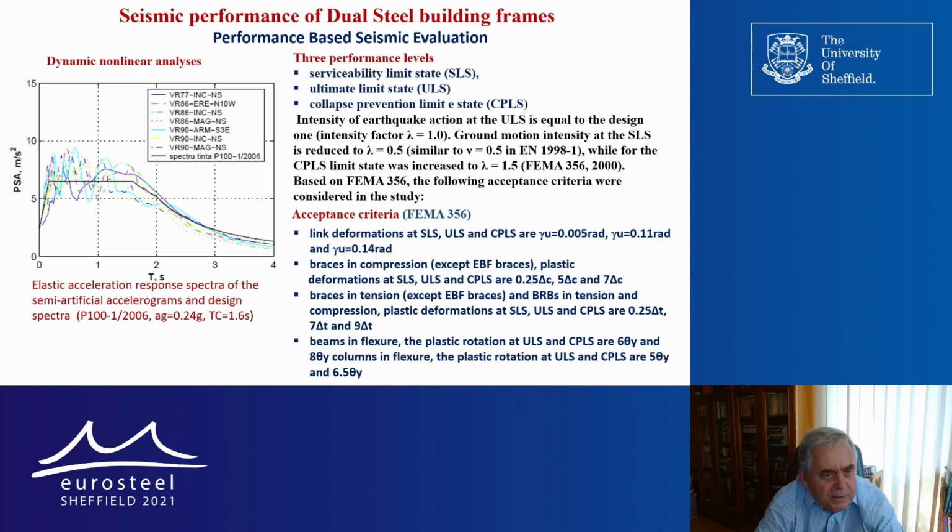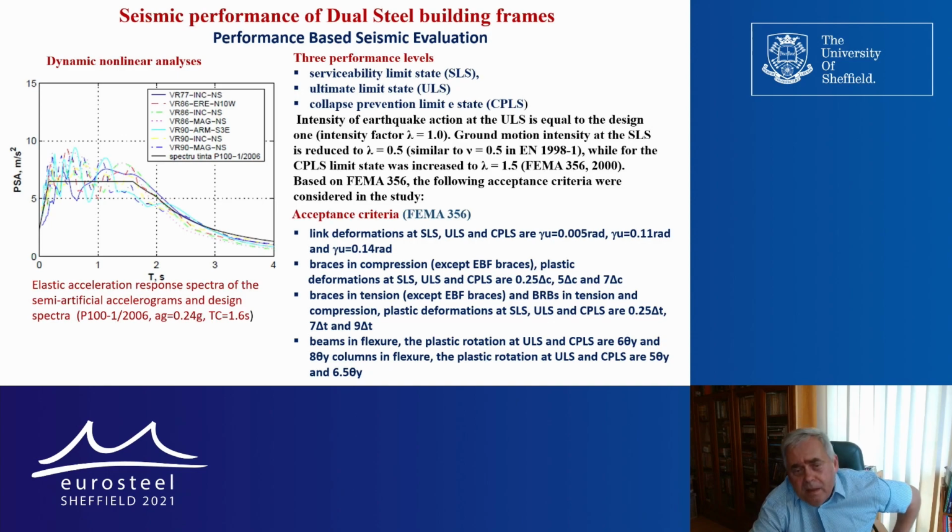We have applied a moderate earthquake with peak ground acceleration equal to 0.24 g, and we have considered three different criteria: for serviceability limit state, for ultimate limit state, and for collapse prevention limit.